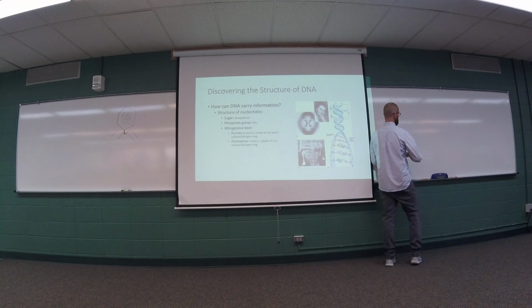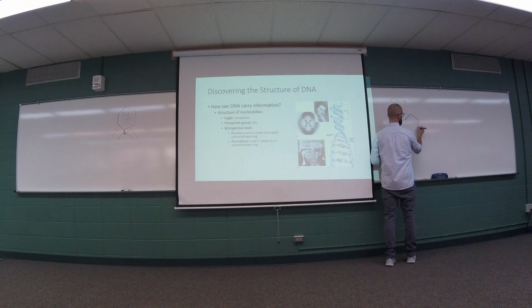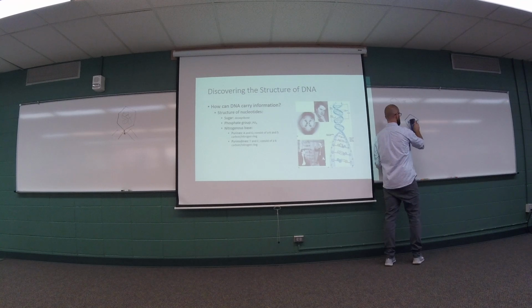So that looks something like this, right? We have some sugar, which is ribose. I'm sorry, it's deoxyribose for the DNA, that's ribose for RNA. So it's deoxyribose.